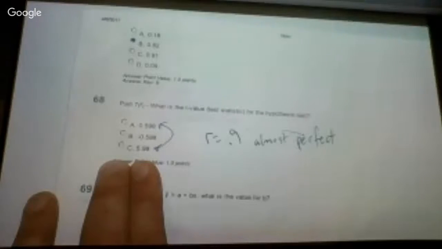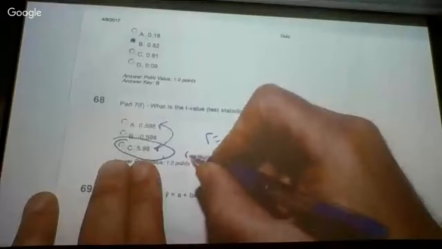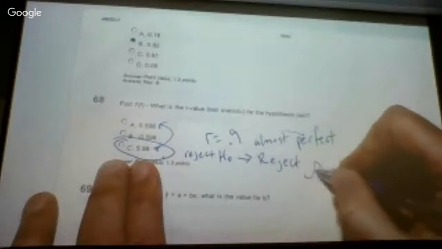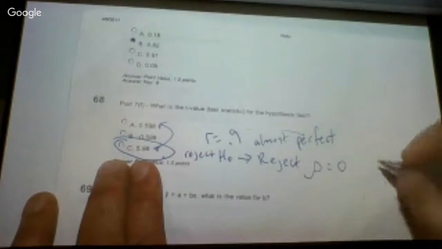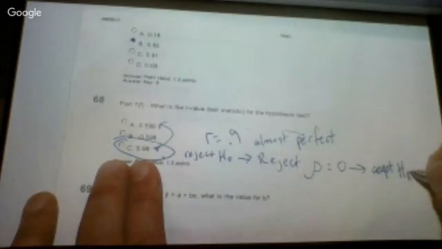Yes. Yes, I do too. If that's the case, we would end up with a large test statistic. A large test statistic means reject the null. Means you reject the notion that rho is 0. You accept the notion that rho is real.